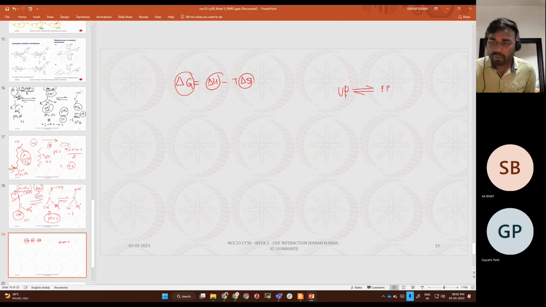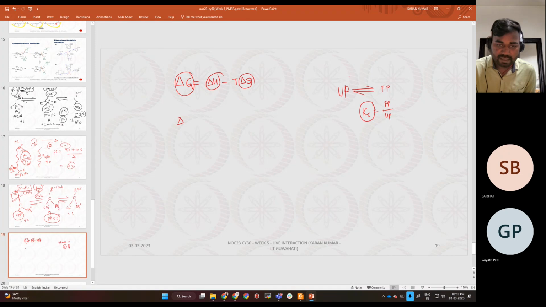This exists in an equilibrium, and the equilibrium constant Kc is equal to folded P divided by unfolded P, in the forward direction.